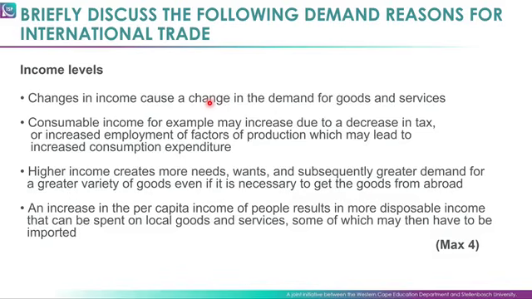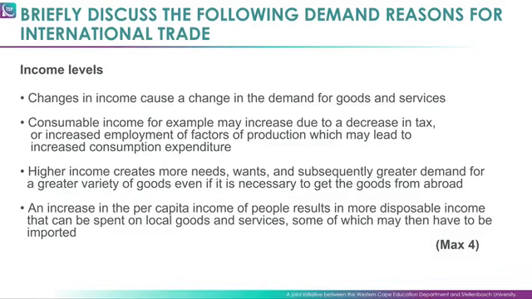Okay, so obviously, higher income creates more needs and wants, and therefore a greater demand for a greater variety of goods. So if the country doesn't have everything locally, it has to then be bought from outside the country. So those 2 points on their own will then give you your maximum of 4 marks.